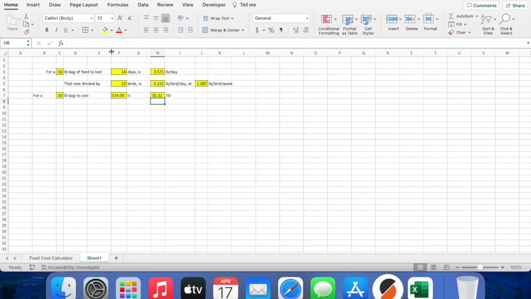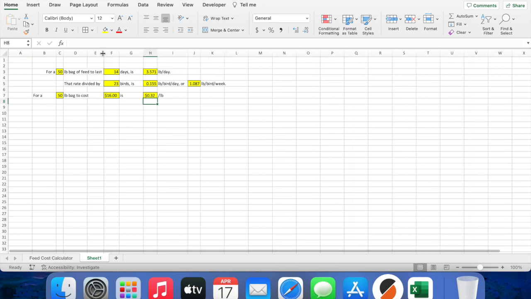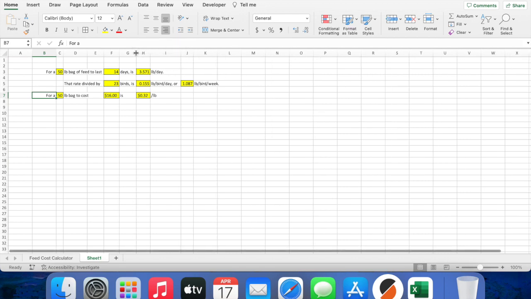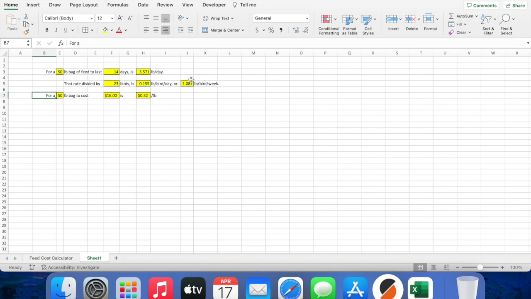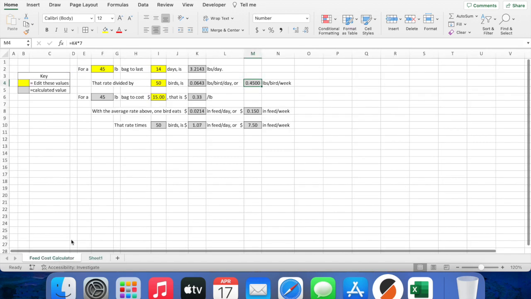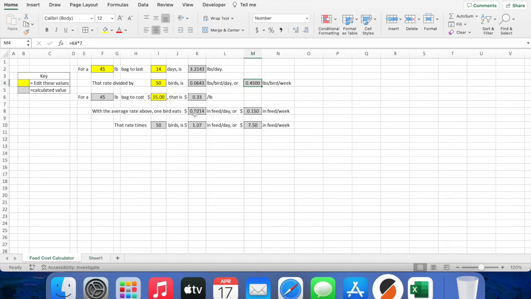And you can do a little cleanup, do a little formatting. Right justify that, bring that in some. Then the average rate above, one bird eats, the price per day and price per week.